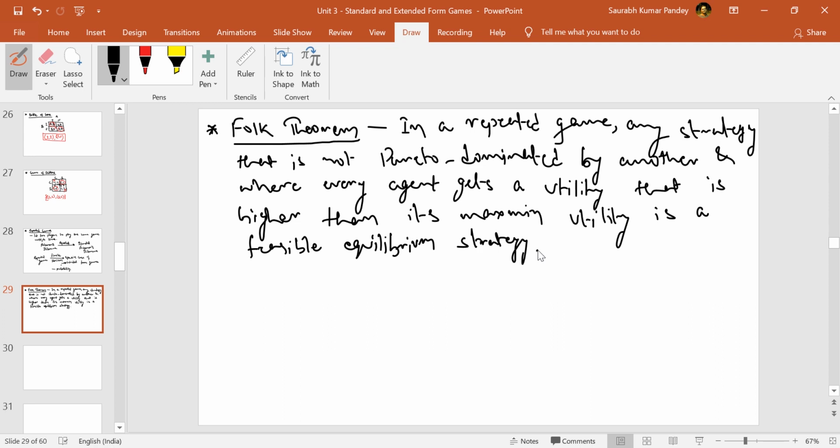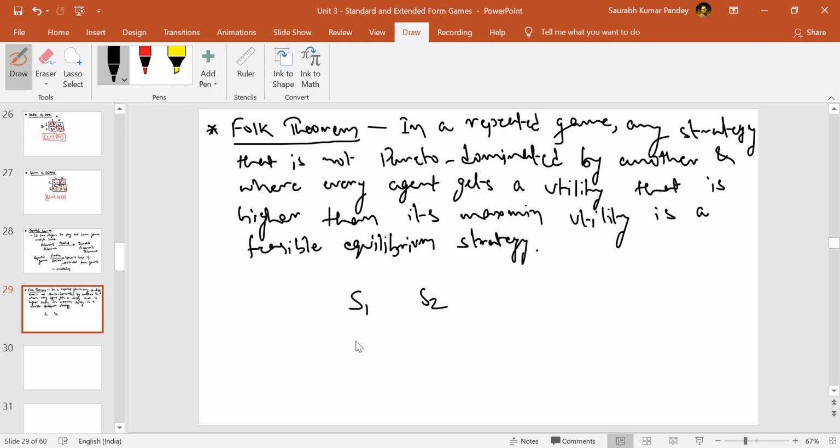So what this folk theorem says is that if you have a repeated game, then any strategy that is not Pareto dominated by another. If you have S1 and S2, these two are strategies of a repeated game. S1 is not Pareto dominated by S2 means there is no improvement from S1 to S2. And every agent gets a utility that is higher than its maximum utility.